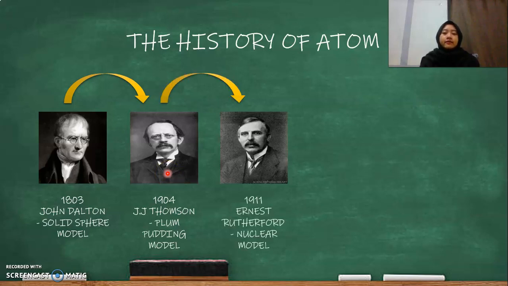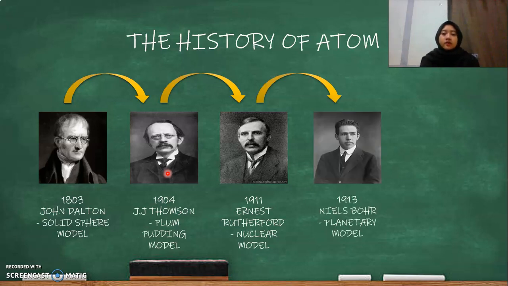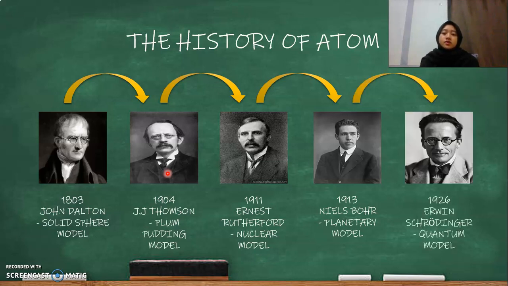And then in 1911, we have Ernest Rutherford with his nuclear model or planetary model. Next, we have Niels Bohr with his planetary model in 1930. And lastly, we have Erwin Schrödinger with his quantum model in 1926. So first, let's check out the John Dalton solid sphere model.